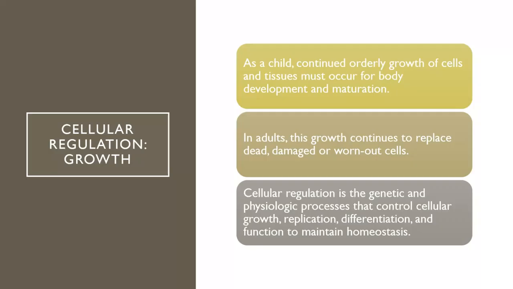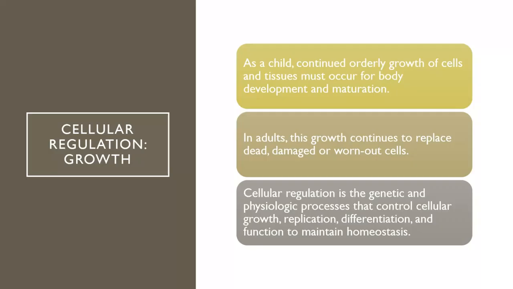So our body's going to take that red blood cell, get rid of it, send it to the graveyard to recycle some of the iron, but also break down the hemoglobin. And then we get all these new red blood cells coming in. So continued growth is us replacing our dead, damaged, or old cells, and then hopefully continuing to make good ones.